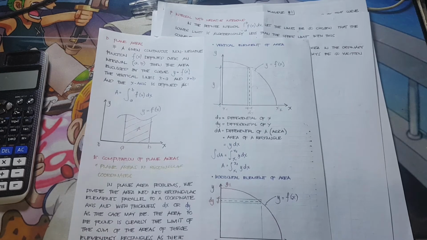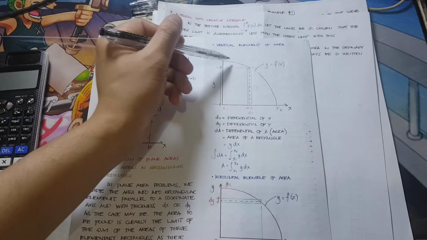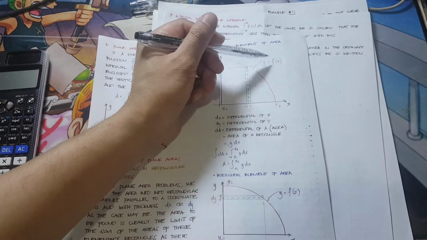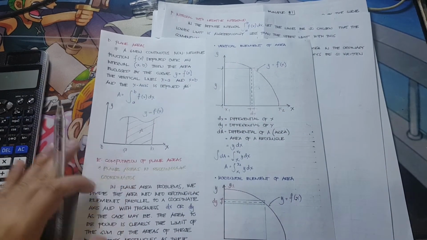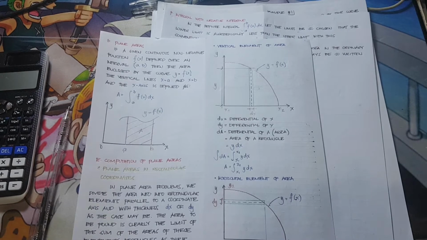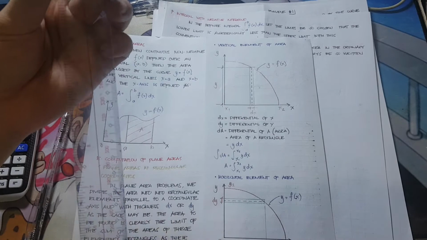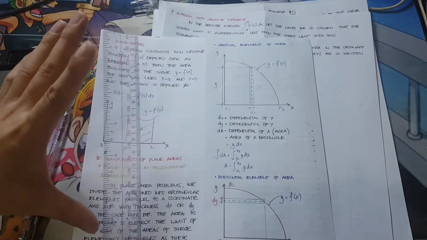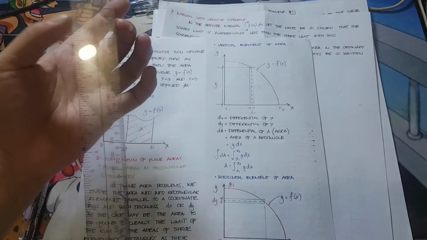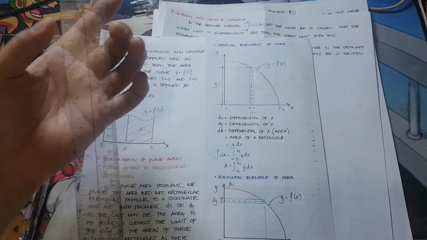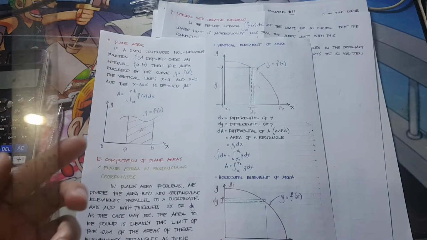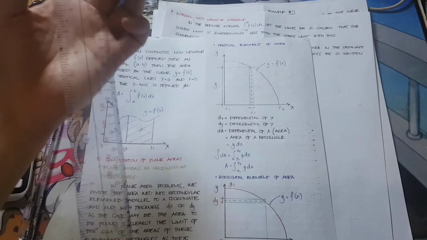So what does our definition say? For example, you have here your curve y equals f of x. We are going to consider a strip. Imagine this ruler as the strip that we will use.